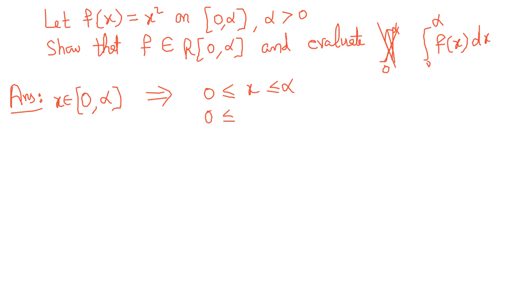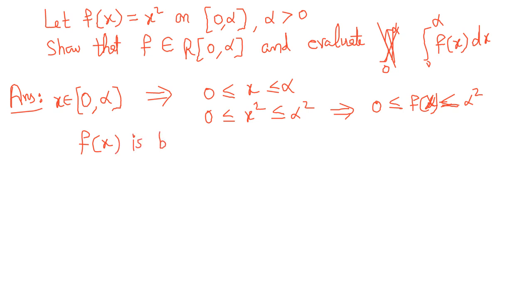Squaring both sides, you can see 0 less than equal to f of x less than equal to alpha square. So f of x is a bounded function.